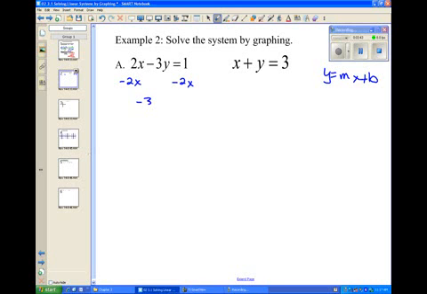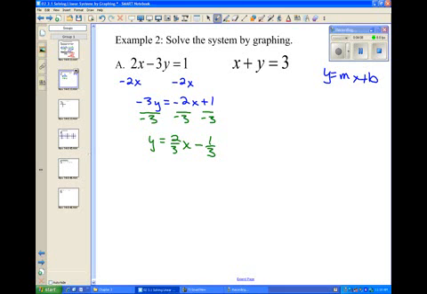So you get negative 3y is equal to negative 2x plus 1. Y is not by itself yet, so I'm going to divide every term by negative 3. When I do that, I get y is equal to positive 2/3 x minus 1/3.